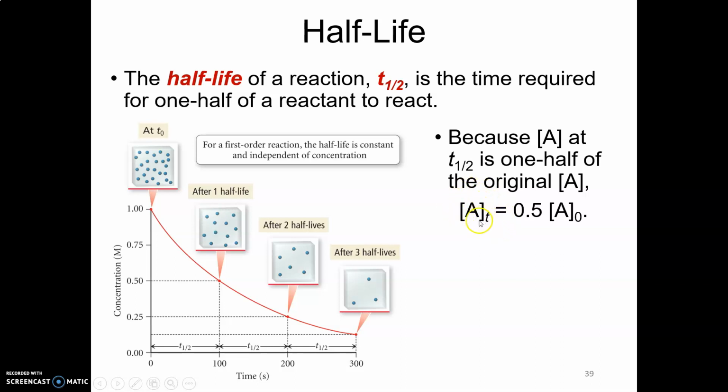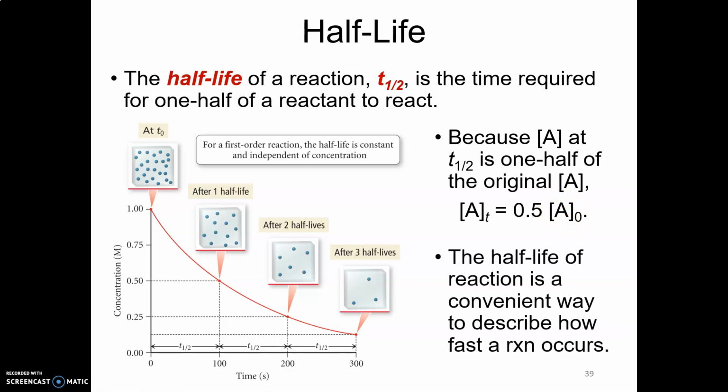Now we know what this is going to be: half, so 0.5, of the original concentration. The easiest way to consider this is to substitute this idea into the previous equations we talked about, and we like halfway because it's super convenient.